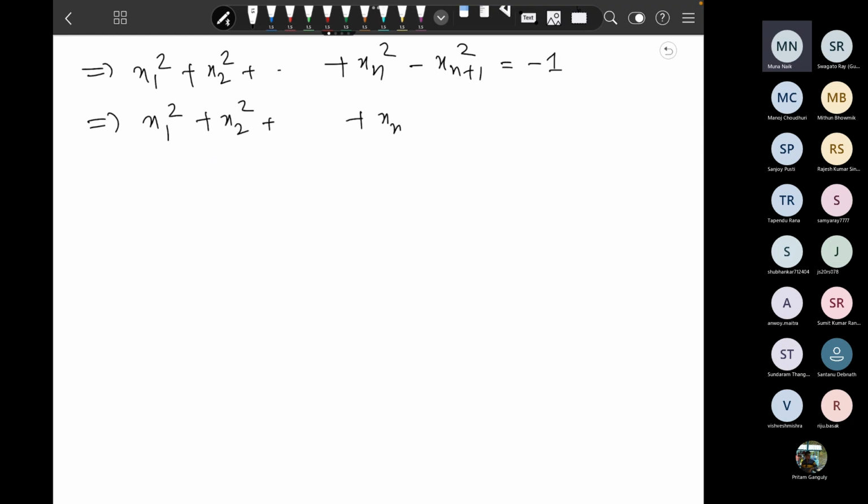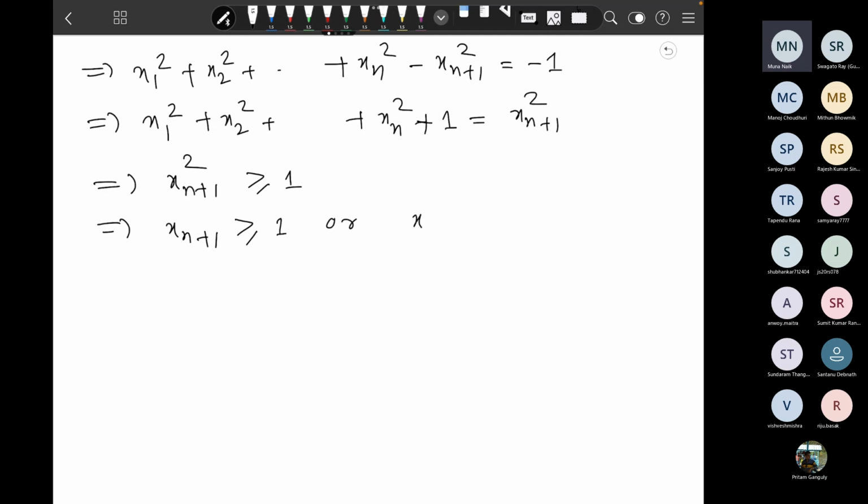That implies that x_{n+1} is either greater than or equal to 1 or less than or equal to -1.